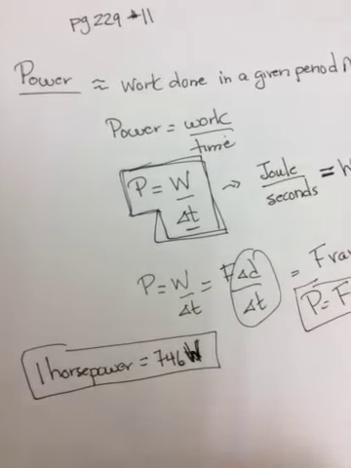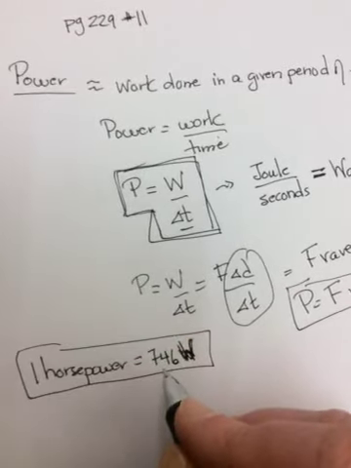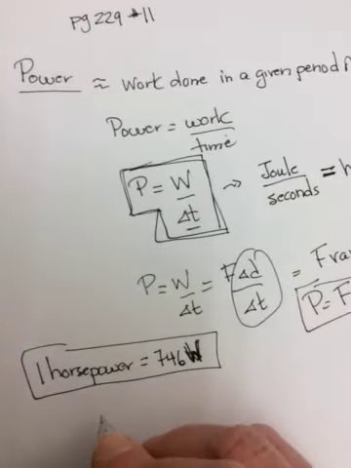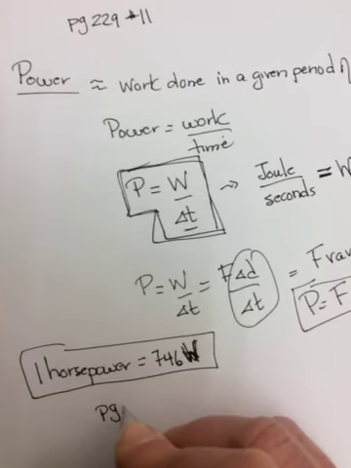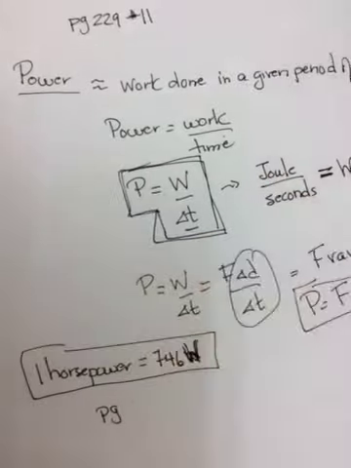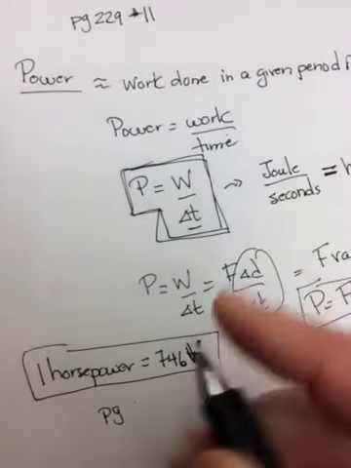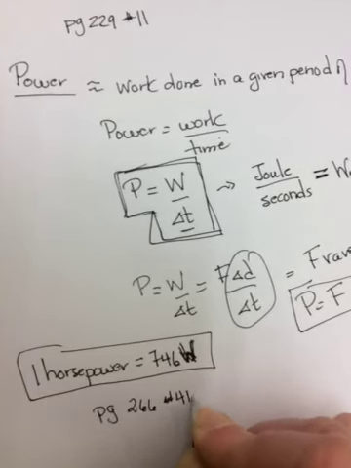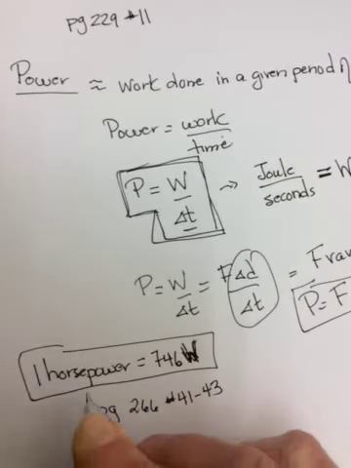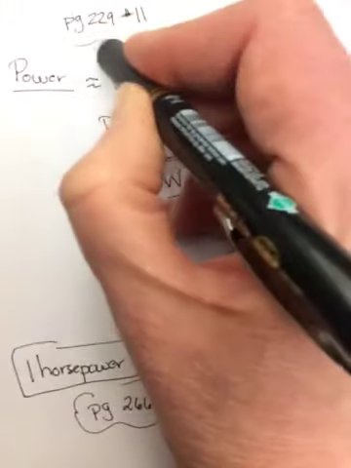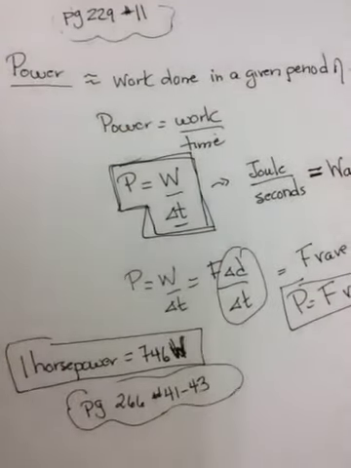So you'll find the answer in watts, and then you'll divide it by 746 to figure out how many horsepower that is. Okay? And so the other questions that I had asked you to do were on page 266, numbers 41 to 43. Okay? And so go test these out. They shouldn't be too bad. And then I will post the solutions.